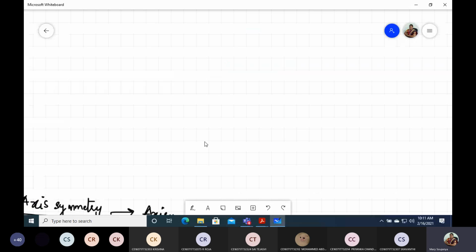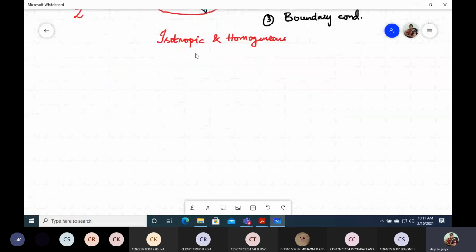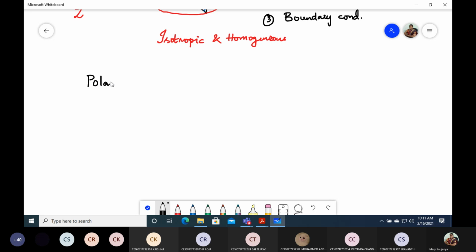For axisymmetric problems, it is not about the natural coordinate system or the local coordinate system or a Cartesian coordinate system. Here it is a 3D element in which there is a rotation happening about an axis. So here we are going to use the polar coordinate system to analyze.